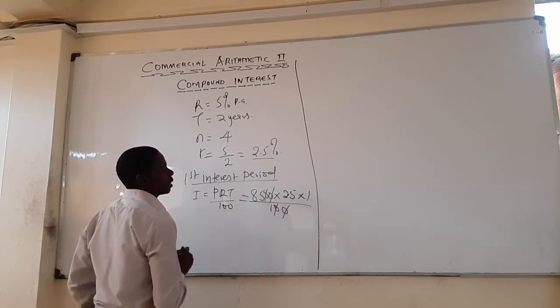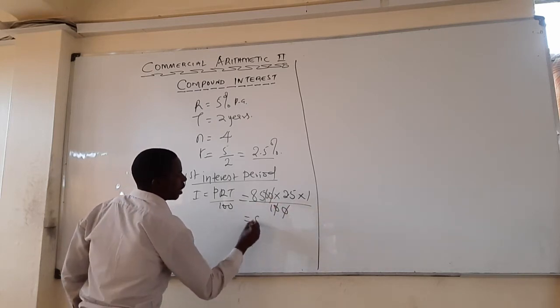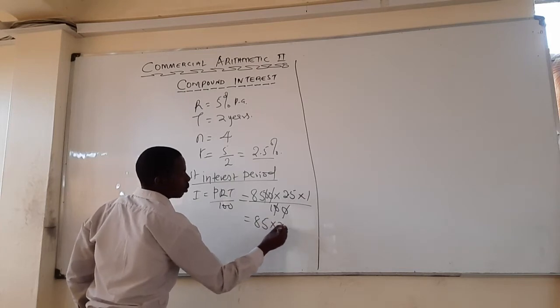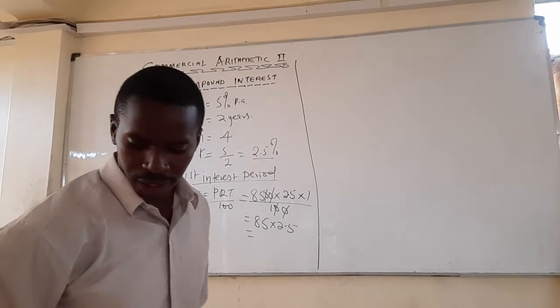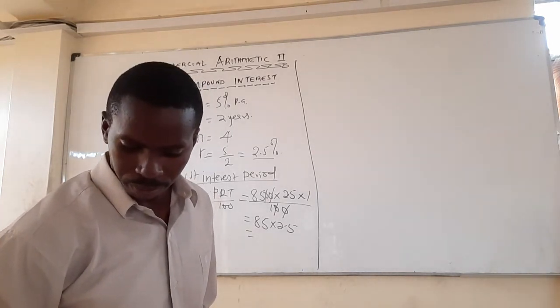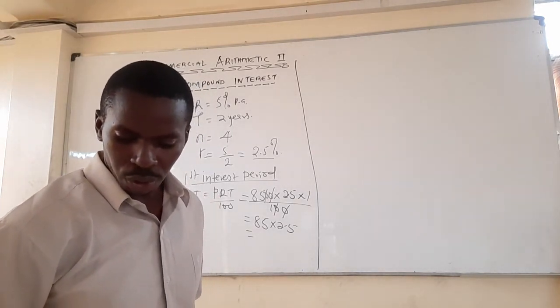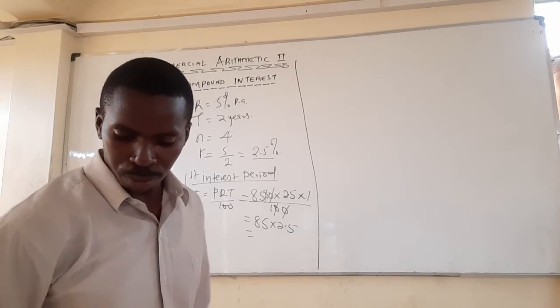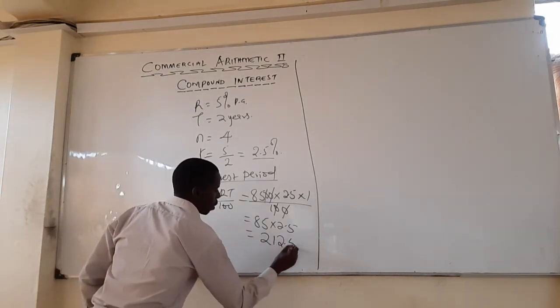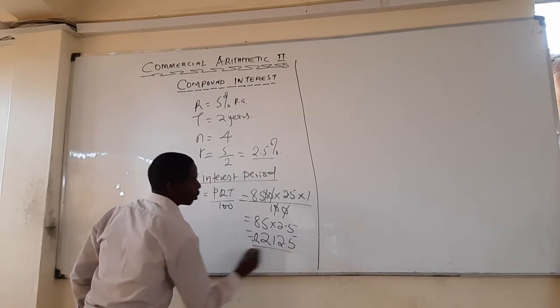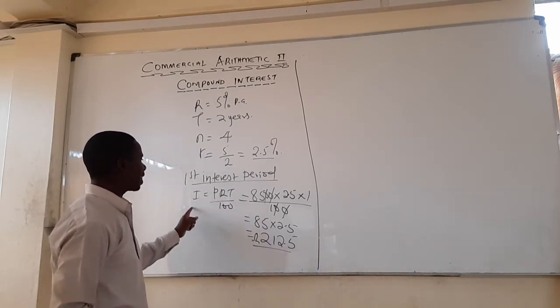So you have 85 times 2.5, and this we get as 212.5. So that is shillings 212.5.